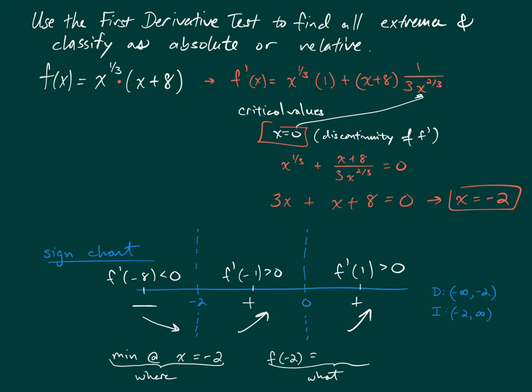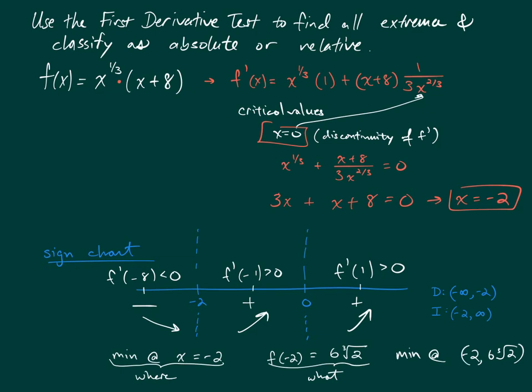So the minimum value ends up being 6 times the cube root of 2. The minimum is 6 times the cube root of 2, and it happens at x equals -2. So even more succinctly, we could say that there's a minimum at -2 comma 6 cube root of 2.